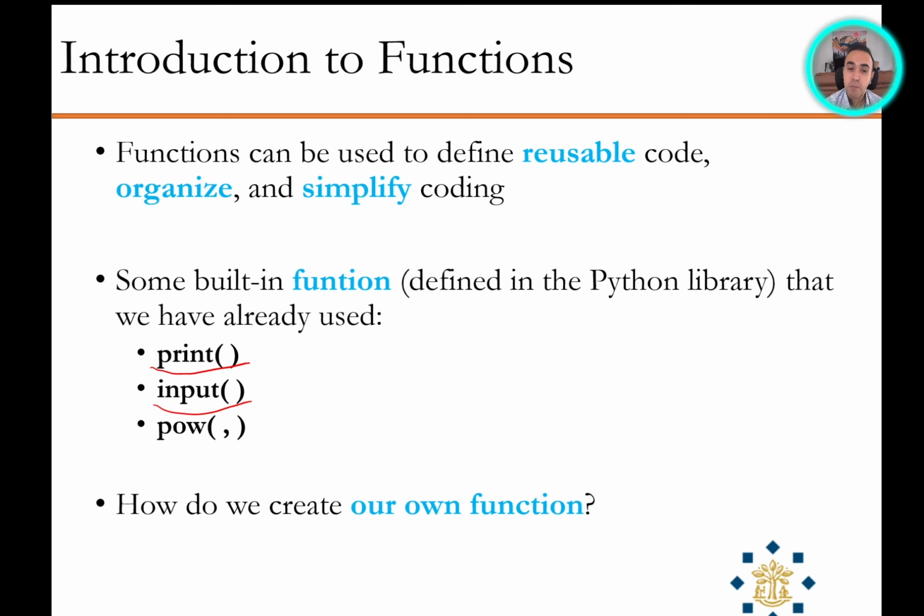So some person wrote the input function in Python, and then we are using it. But we didn't write it. We don't know how it's implemented. We just know how to use it, right? Similarly to the power function. So we have two inputs here, let's say 2 and 3. We know that this will give us 2 to the power 3, that's 8. We just know that. We don't know how it works, right?